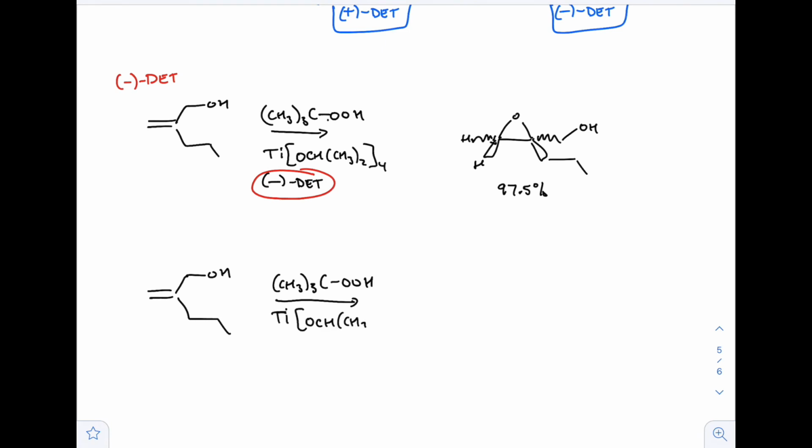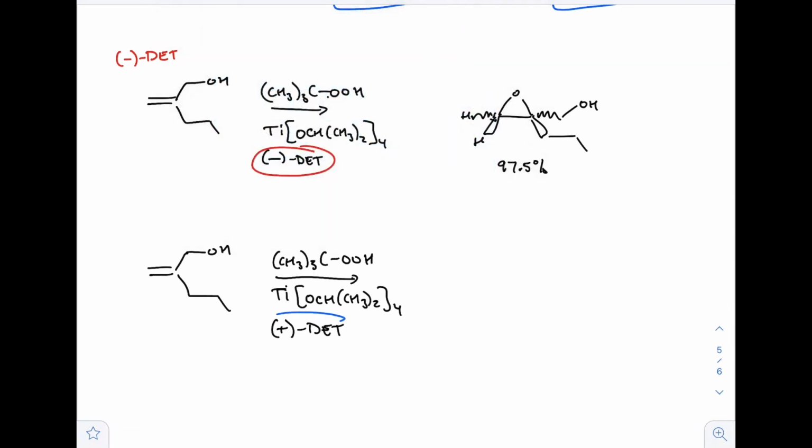So the tert-butyl hydroperoxide essentially can only approach from one side because of the way it's interacting with the DET. Okay, and so that's really all it is about.